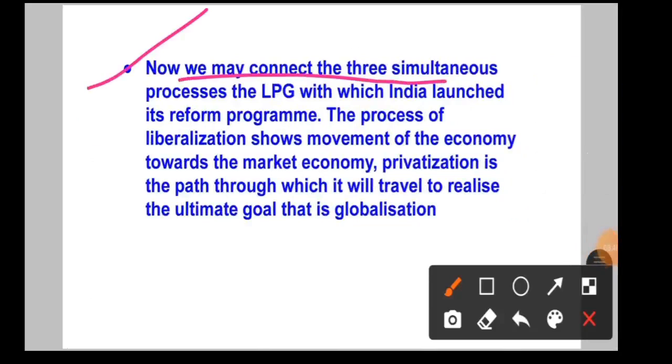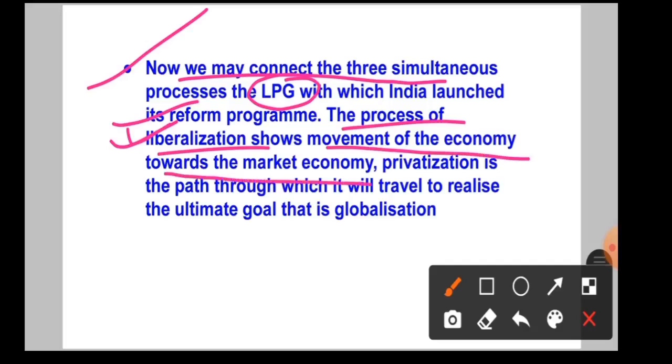Now let us connect the three topics, LPG: liberalization, privatization and globalization, with the Indian context. The reform program was about the process of liberalization, in the Indian context, meaning the movement of the economy towards a market economy.